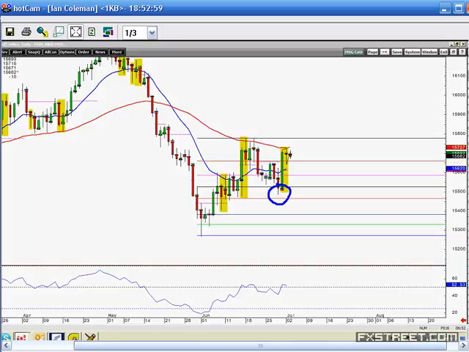I will have points where I don't want to see currency pairs go through, but I will also wait a lot of the time until the close of that 1 hour candle to see whether or not that level gets rejected, because a lot of the time it'll push through, take out some stops, and then move back to the upside. So a candle is not complete until it's closed.